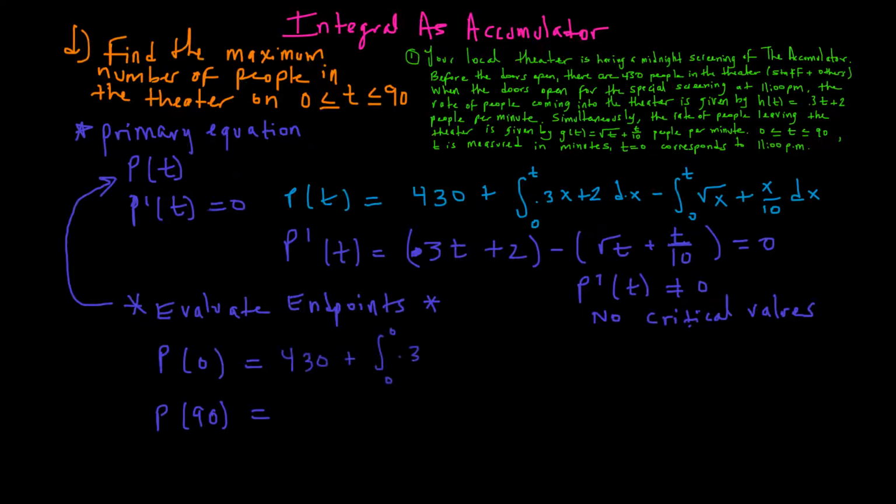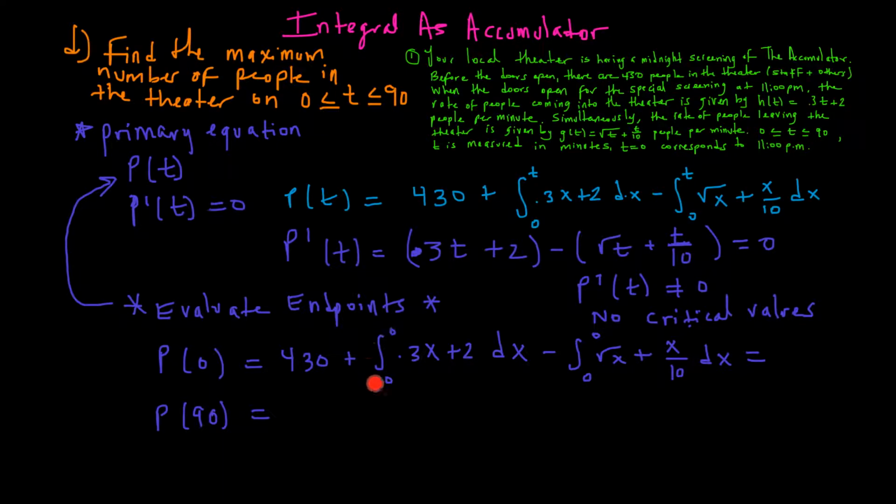The x is not a t value, it's just x. That's actually one of the reasons that we have it as a standby variable, so that we understand that only t becomes a 0. Minus the integral from 0 to 0 again of the square root of x plus x over 10 dx. And what does all that equal?